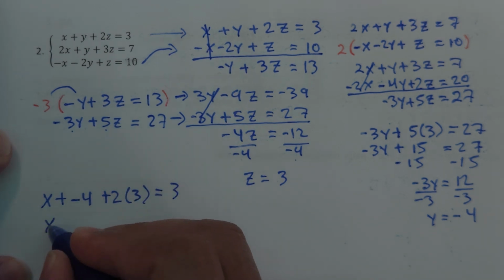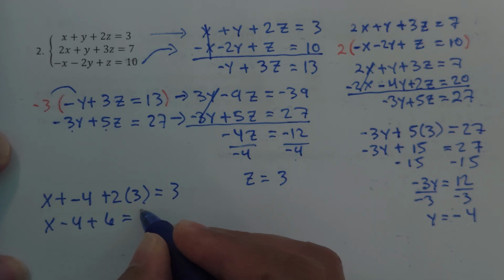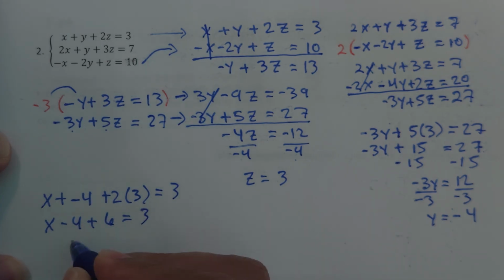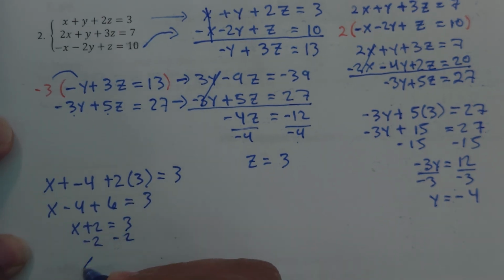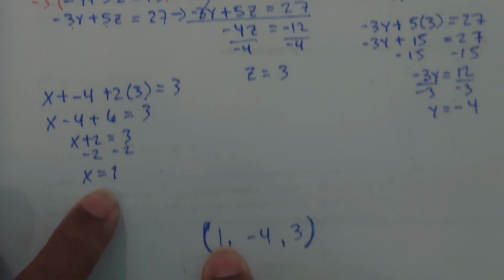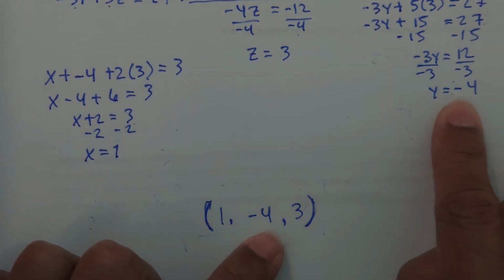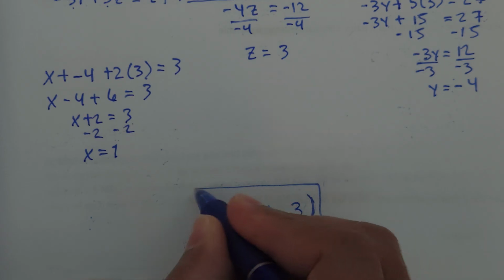So then we have x minus 4 plus 2 times 3, that's 6, equals 3. Well, negative 4 plus 6, that's 2. So x plus 2 equals 3. Then subtract the 2 from both sides of the equation. So then x equals 1. So then the solution to this system is x is 1, y is negative 4, and z is positive 3. So there we have the solution to this system of equations.